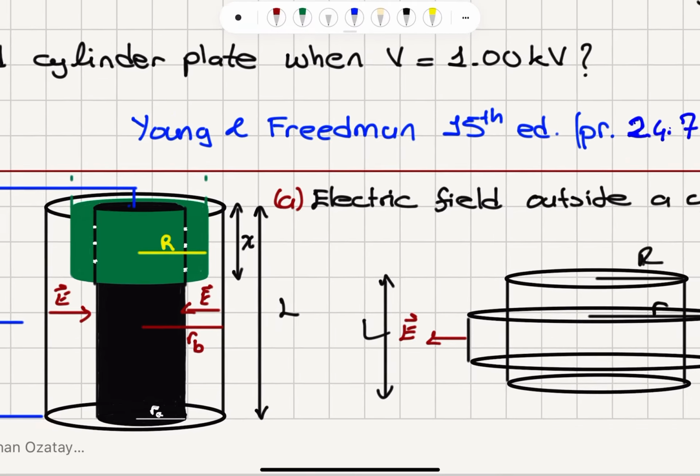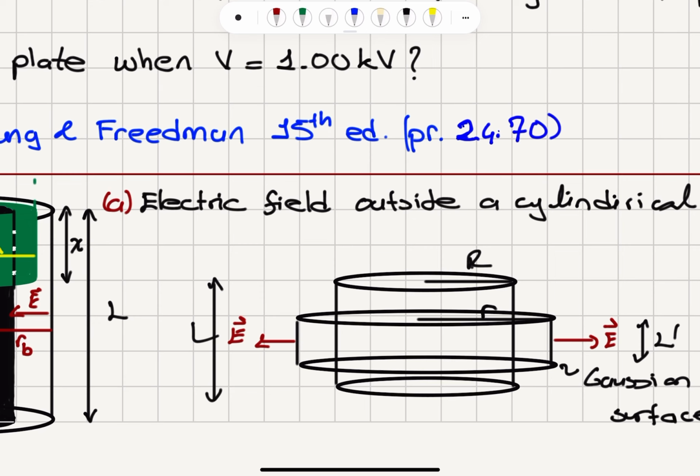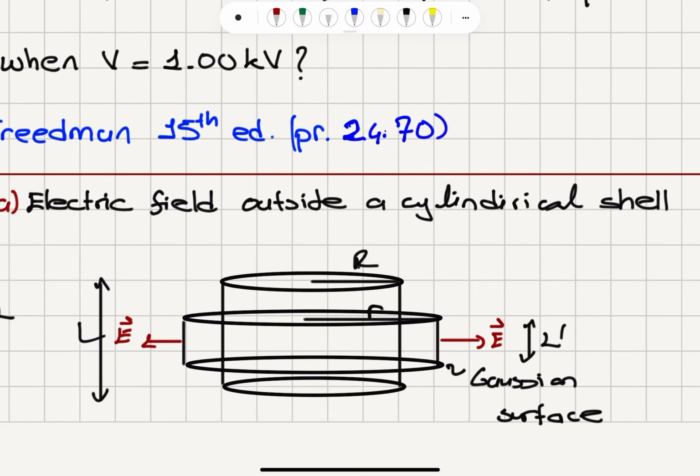Our first task is to calculate the electric field outside a cylindrical shell. So to do this, let's consider this hollow cylinder, which contains charges at its outer surface. And to calculate the electric field due to these charges, I need to consider a Gaussian surface. So I take a Gaussian cylinder with radius r and length L prime.